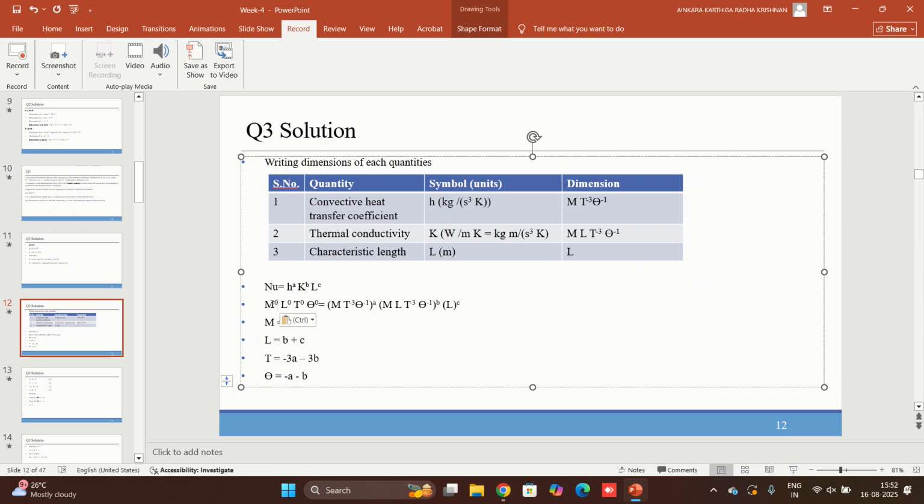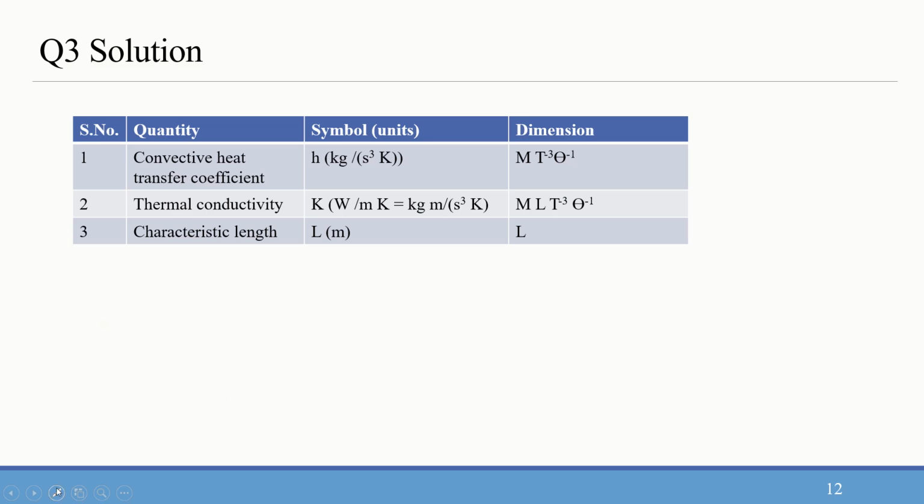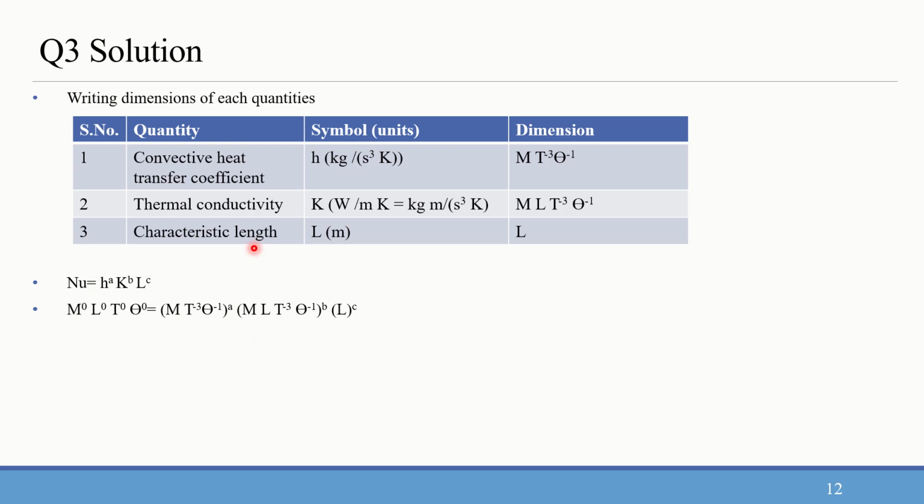So basically we have everything 0 on the left hand side. Now on the RHS side, equating RHS, we get this. So nu is equal to m to the power of 0, everything becomes 0.